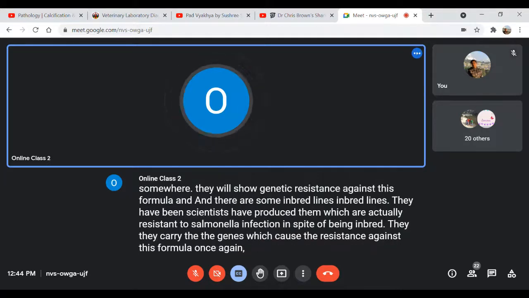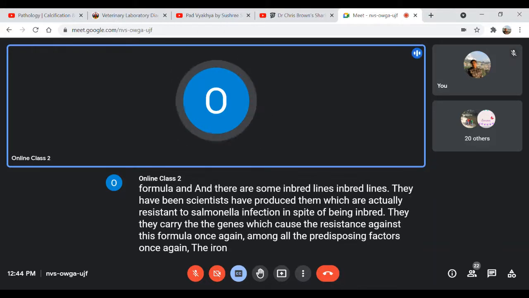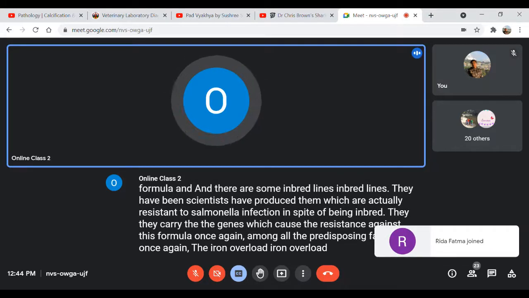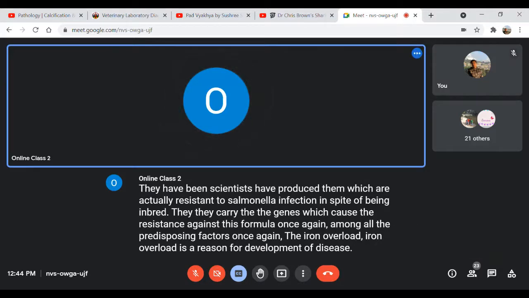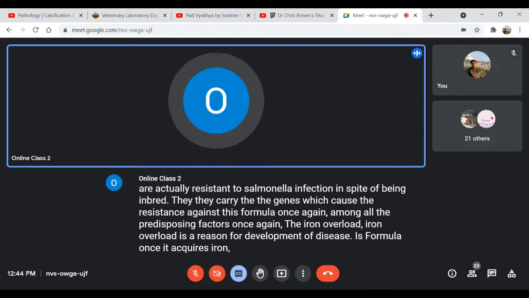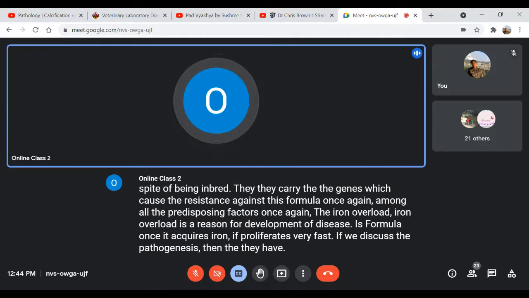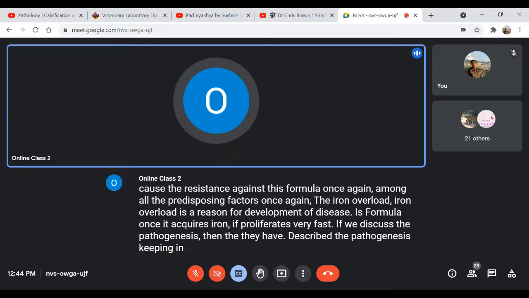Once again, among all the predisposing factors, iron overload is a reason for development of disease. Once Salmonella acquires iron, it proliferates very fast. The pathogenesis is usually described keeping in mind Salmonella enterica Enteritidis.